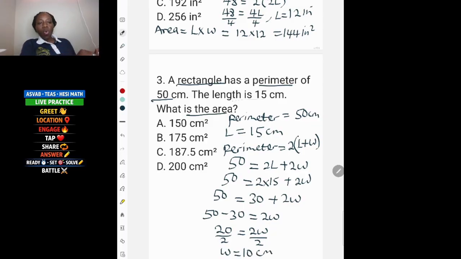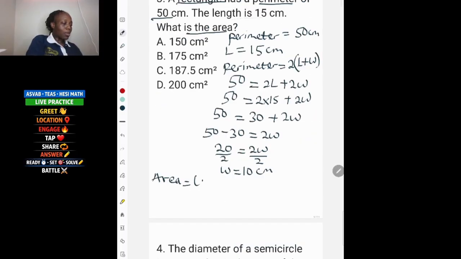Now that we've known width, is that all? It can be funny that they will just put 10 centimeters as part of our answer, and we just be like, oh, is that my answer? But that's just to fool us. Area will now be length times width. Length is 15, width is 10 now, and that will now be 150 centimeters squared. Do we have it? Yes, that's A.